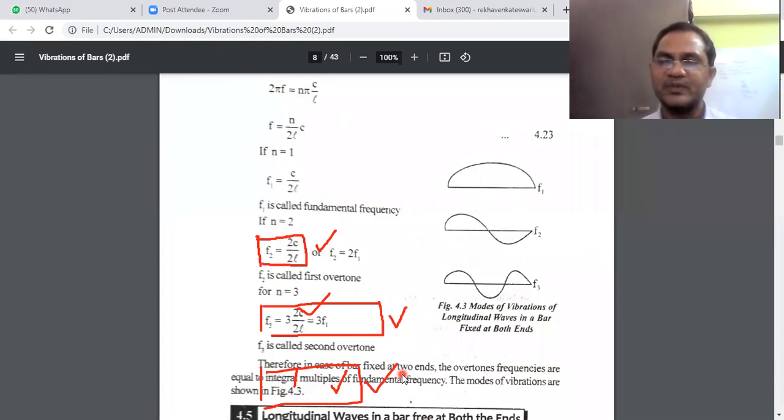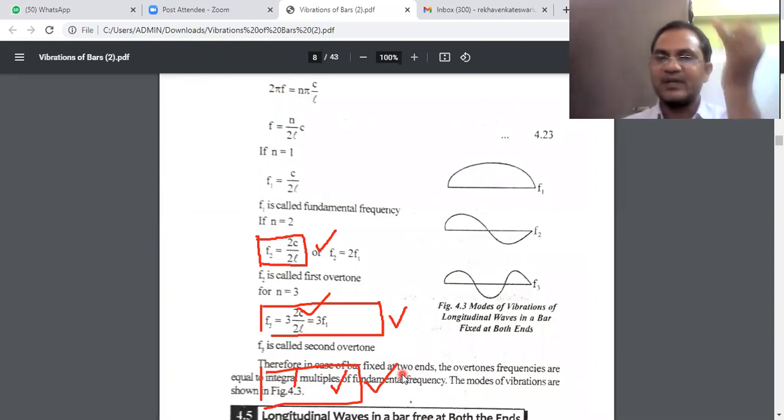For n equal to 2, that is called second harmonic or first overtone mode of vibration. For n equal to 3, f3 equal to 3f1. This is second overtone mode, or third harmonic. Similarly, the fourth, fifth, sixth harmonics give 4f1, 5f1, 6f1, and so on.